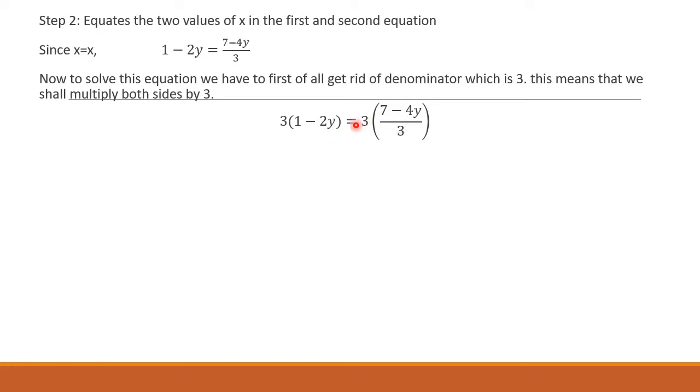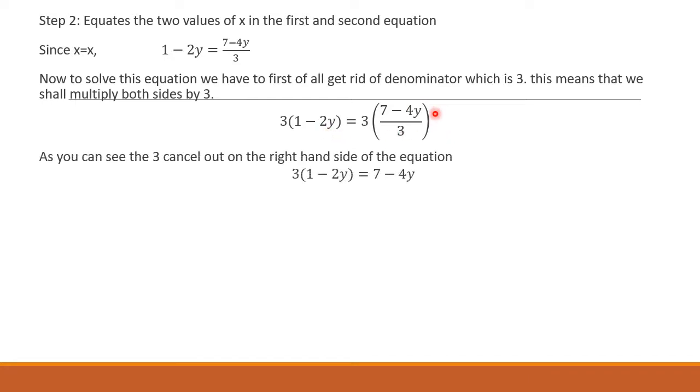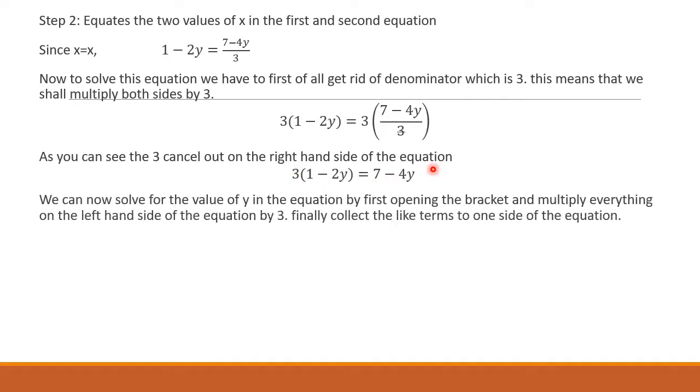It is this 3 that will multiply both sides that come here, and one is numerator and one is denominator. If you have the same number as denominator and numerator, they cancel out. So we will have 3 into bracket 1 minus 2y is equal to 7 minus 4y.